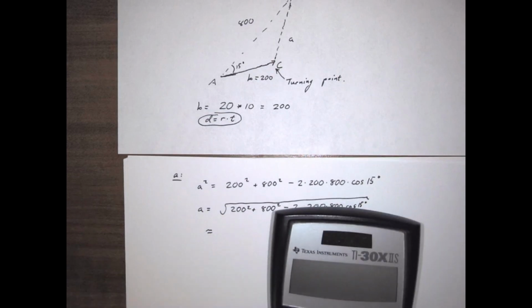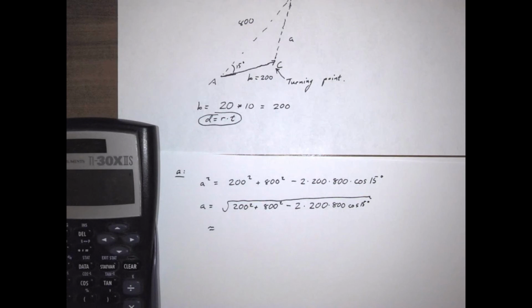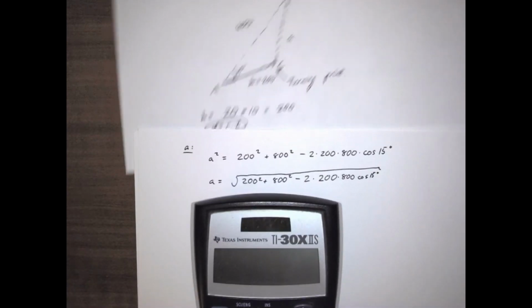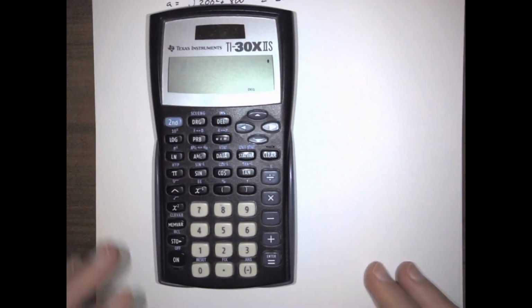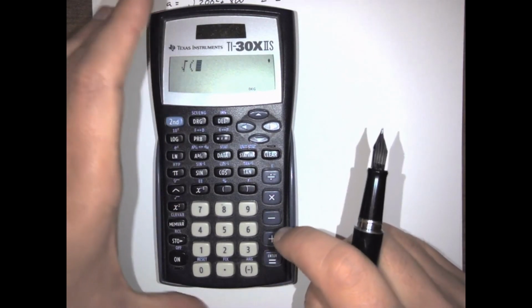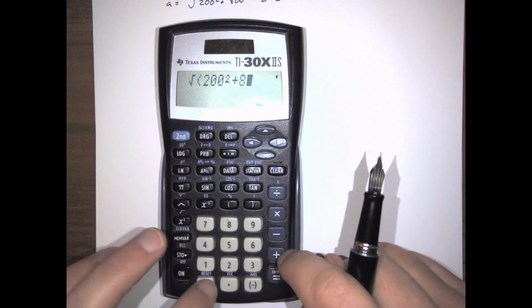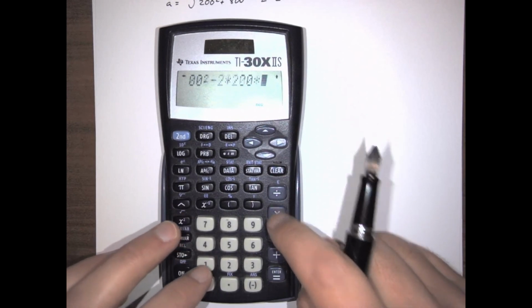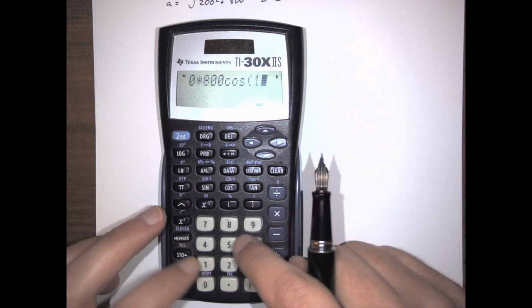All right. So A will be the square root of 200 squared plus 800 squared minus 2 times 200 times 800 times cosine of 15.